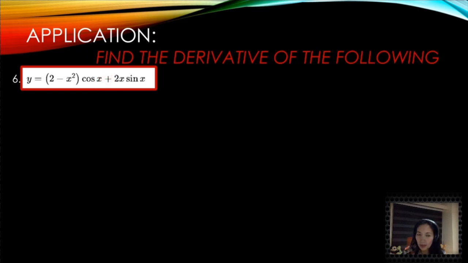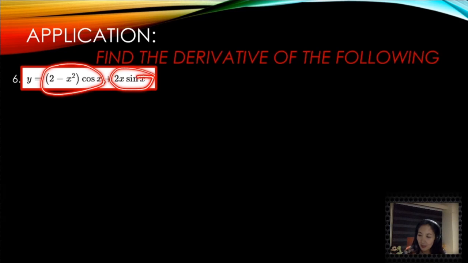The given is y equals the quantity 2 minus x squared times cosine x plus 2x sine x. So this is one term, this is another term. However, looking into each term, the terms are in fact products.